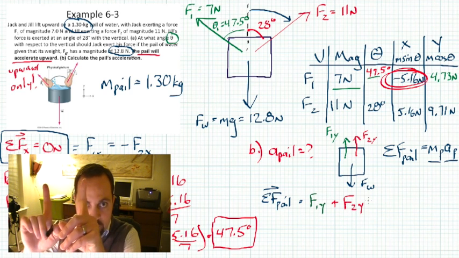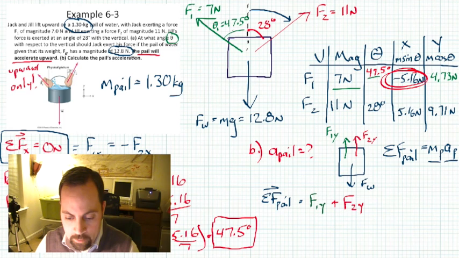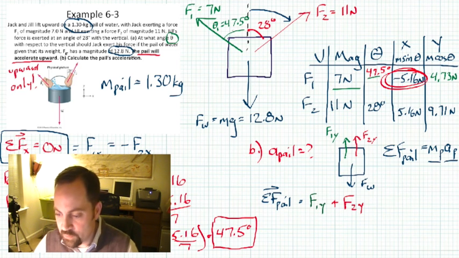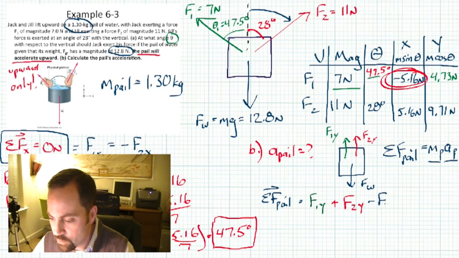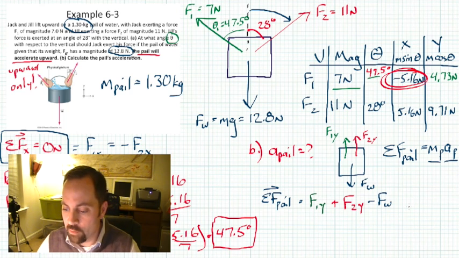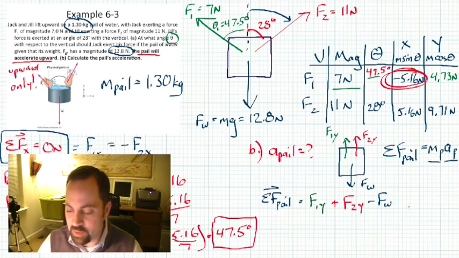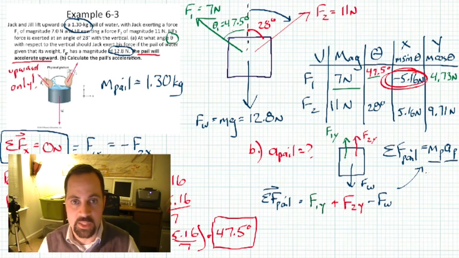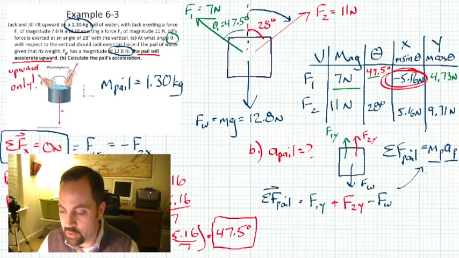Both of them are moving the same direction, upwards. Minus the weight force, because the weight force is pulling downwards towards the earth. We can state that as the net force on the pail, then set it equal to the mass times the acceleration of the pail and solve for the acceleration.